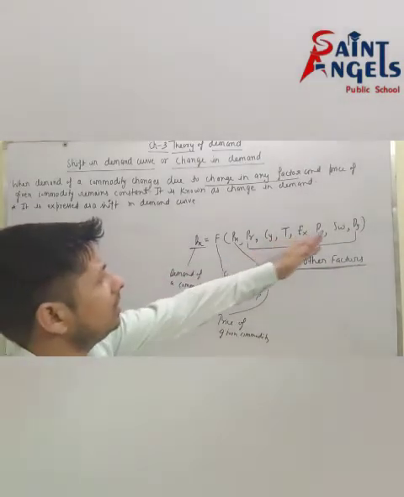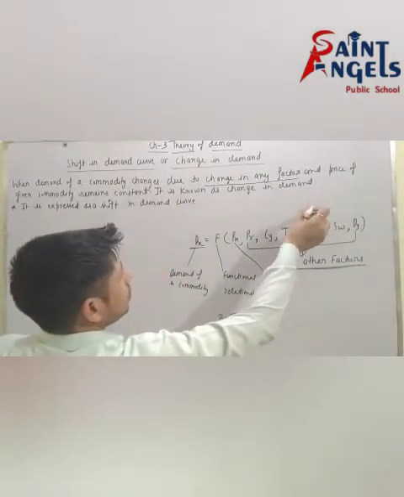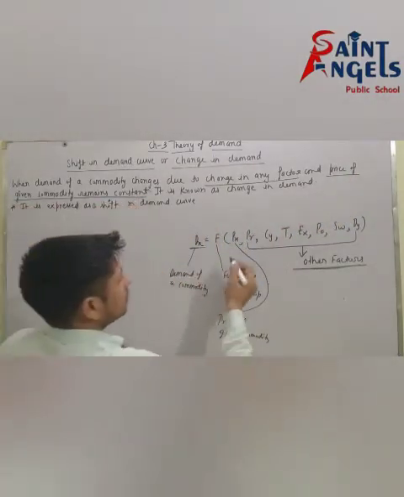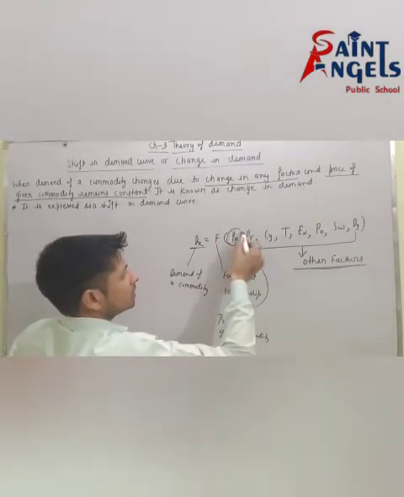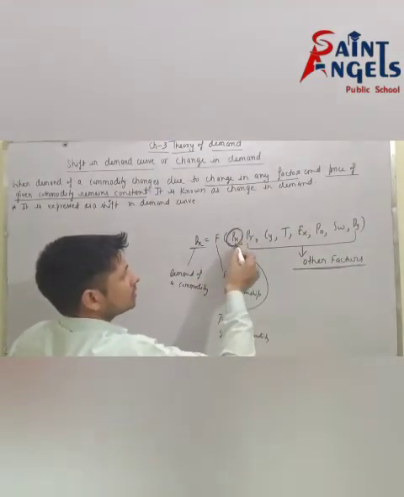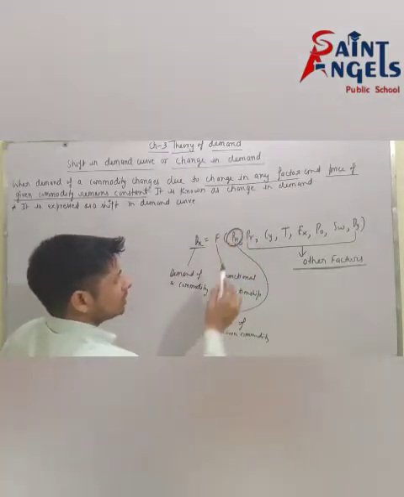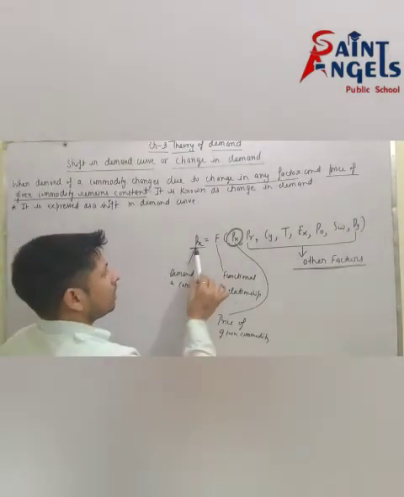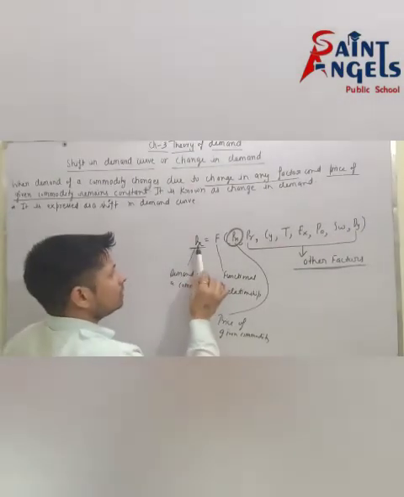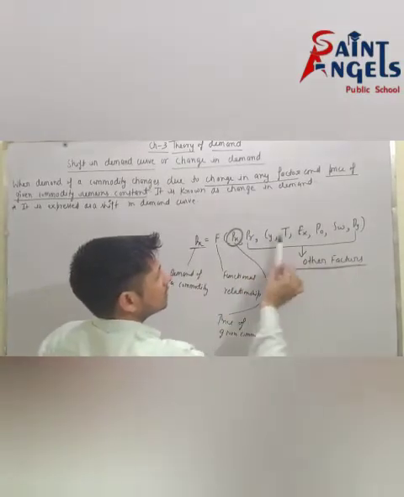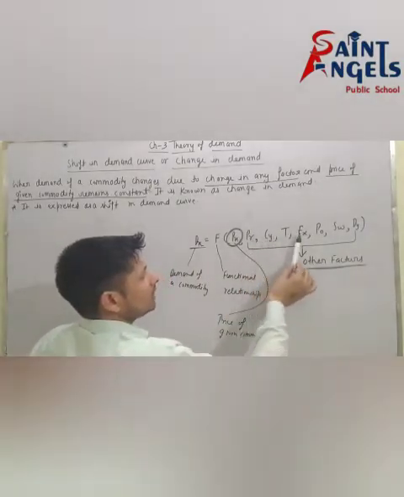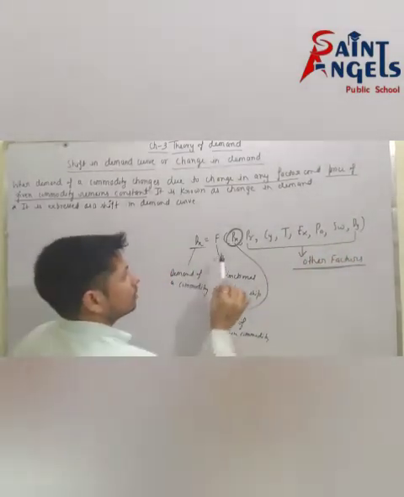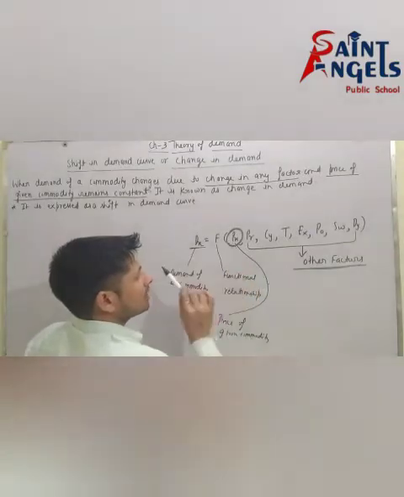And price of given commodity remains constant, because as you know this is the price of given commodity, so this remains constant. It means that these factors, Pr, Cy, T, Ex, Po, Sw, Dy, will affect demand of a commodity, but price of given commodity remains constant.